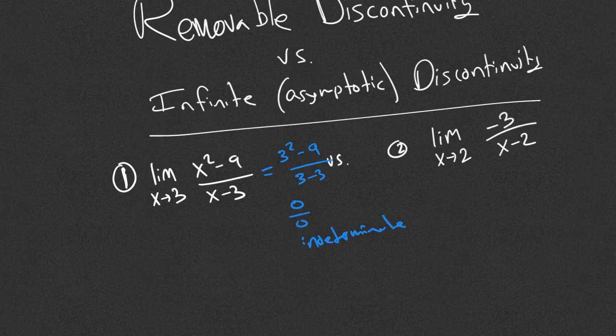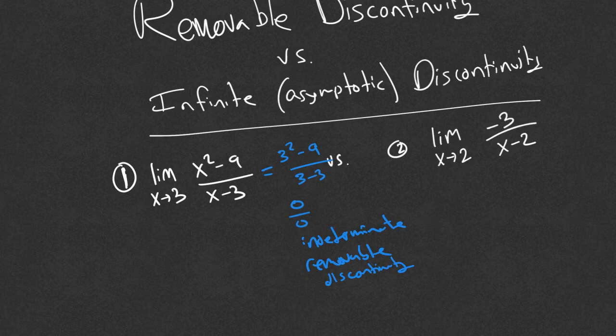When that happens, that's a really good sign that we've got a removable discontinuity. On the graph, we often think of that as a hole in the graph. So that's a good sign that you should be able to do something algebraically to get something to cancel out. In this case, it's factoring.